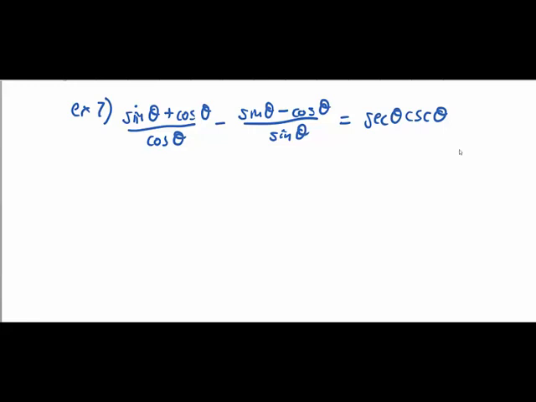So the strategy here is to basically look at each term. I'm going to look at the term on the left here, sine theta plus cosine theta divided by cosine theta, and realize that this is a binomial in the numerator divided by a monomial in the denominator. Well, a cool property of that is that we can actually split this up because they're both being divided by a monomial.